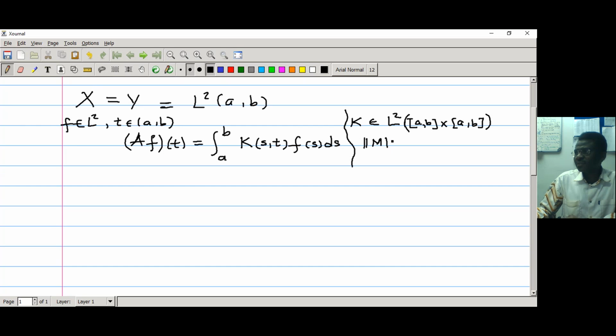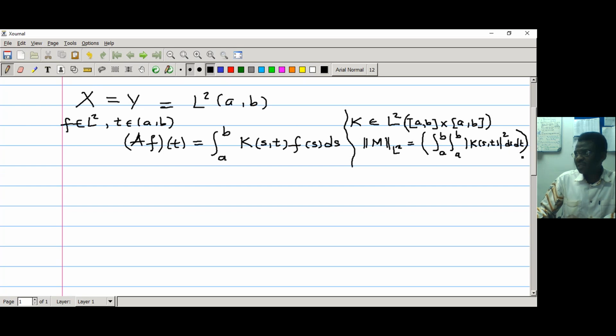The two norm is the square root of the double integral from a to b of the absolute value of k(s, t) squared, ds dt.